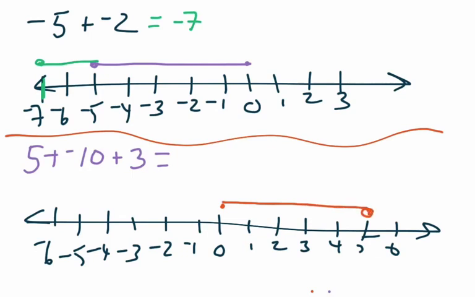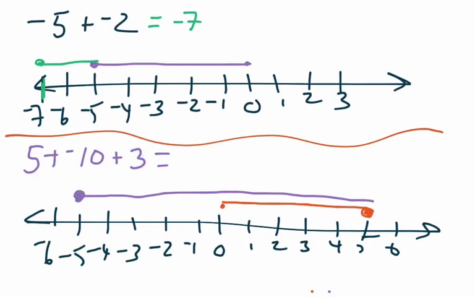That probably doesn't surprise anybody. And now we're going to turn around and go 10 in the negative direction. So 1, 2, 3, 4, 5, 6, 7, 8, 9, 10, which brings us down here to the negative 5.